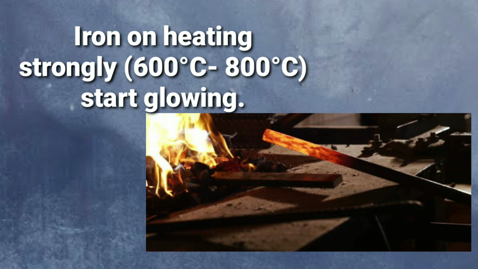And when it reaches that temperature, what will happen? The iron rod starts glowing. It will become red hot and it will start glowing. So you can say iron was non-luminous, but on strong heating, it starts glowing like a luminous body. So by heating, a non-luminous object can be made luminous.